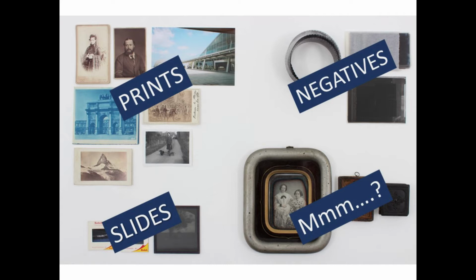Negatives and slides might be next. But if you're not used to dealing with a photographic collection, this final group in the bottom right corner might make you feel a bit more out of your comfort zone in terms of identification, care and making a digitised image. And yet they have so much to offer us, as we shall see.